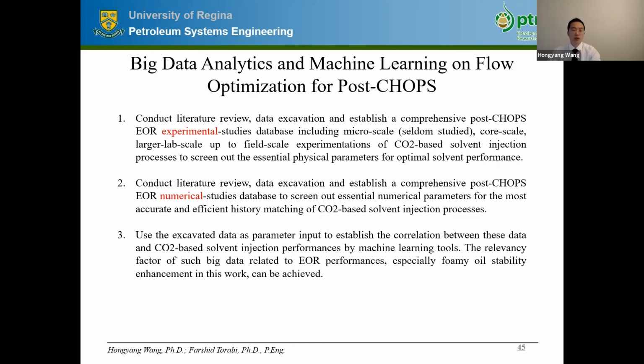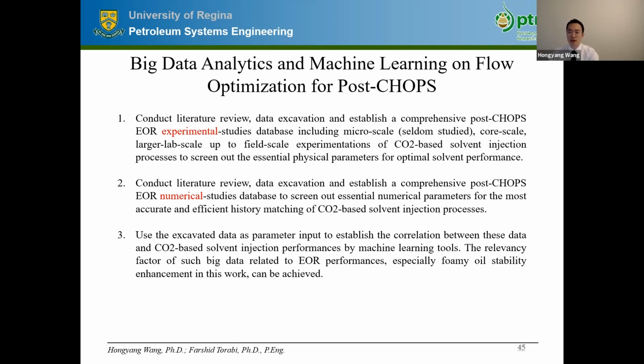And also, big data analytics and machine learning on foamy oil flow optimization for post-shock reservoirs will also be conducted based upon the vast resources on the internet, also the vast data sets from all kinds of literature.